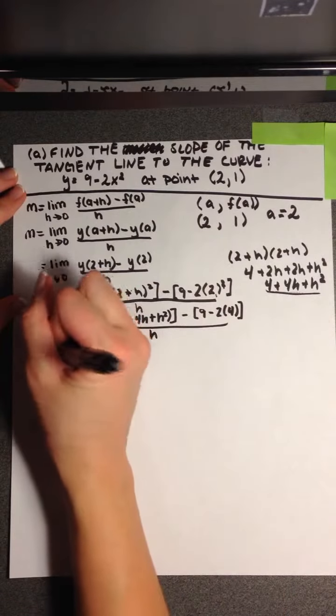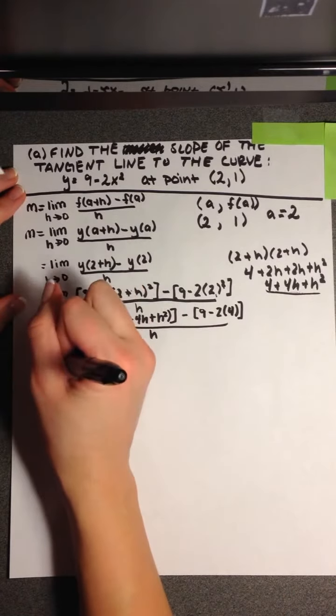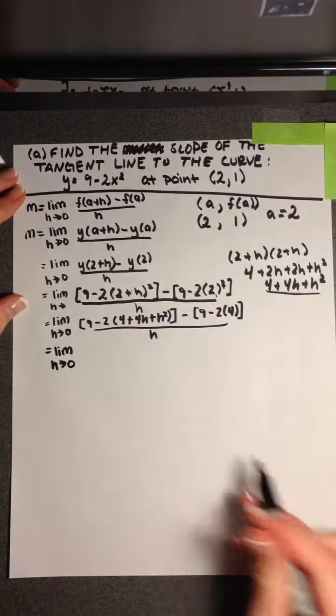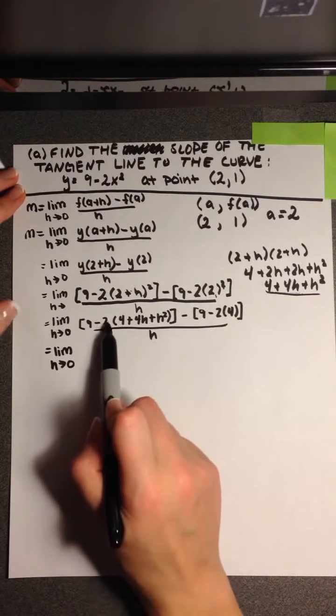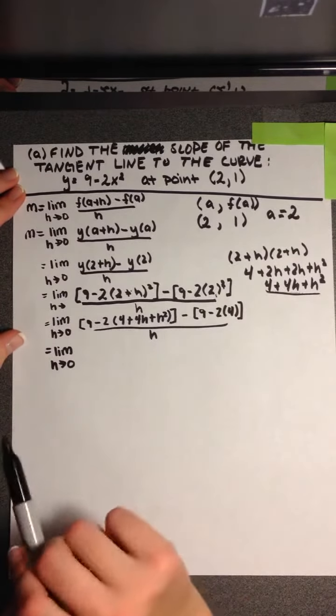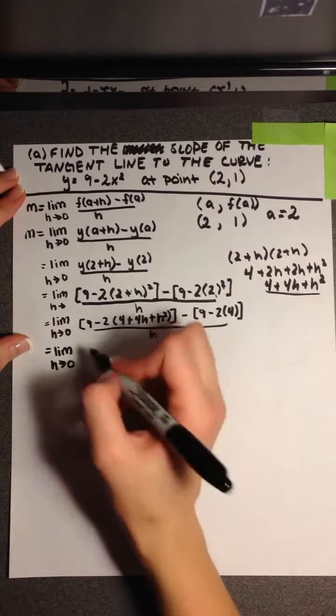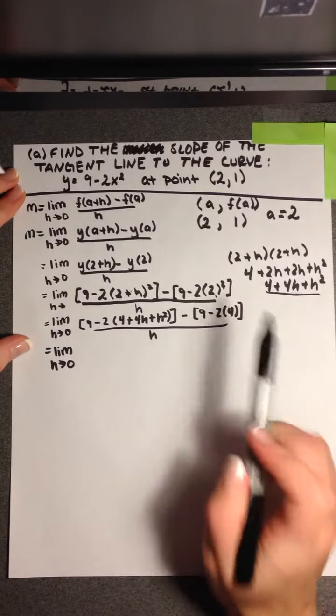Next up, it's going to equal the limit as h goes to 0, and now we will distribute this 2 into here, and we'll also distribute this 2 into there.